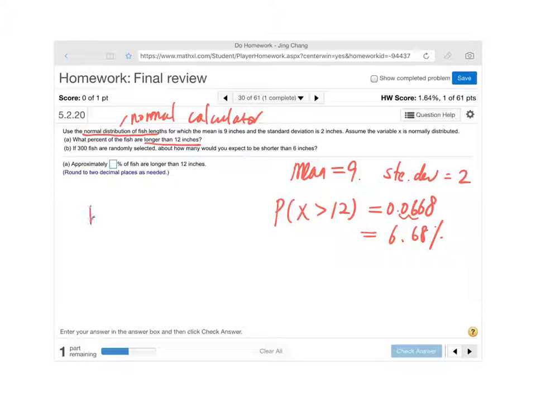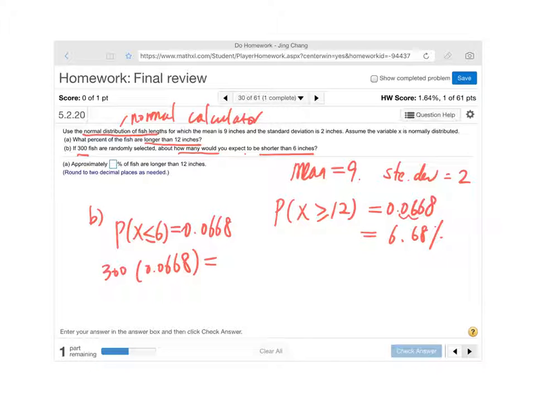And then B, how many would you expect to be shorter than 6 inches? Let's find the probability of x less than 6 first. Use the normal calculator, same thing. It really doesn't matter if you put the equal sign or not, you get the same thing. It's also 0.0668, and then there are 300 fish total, so we'll have to use 300 times 0.0668.